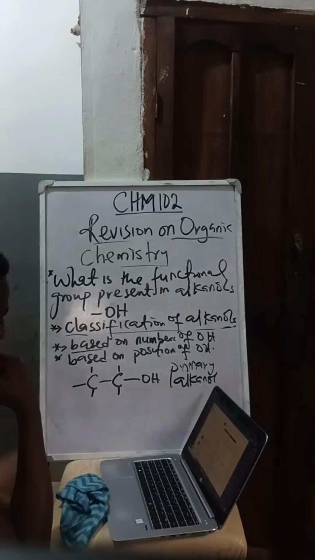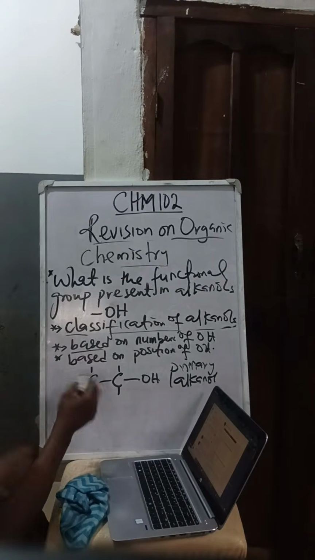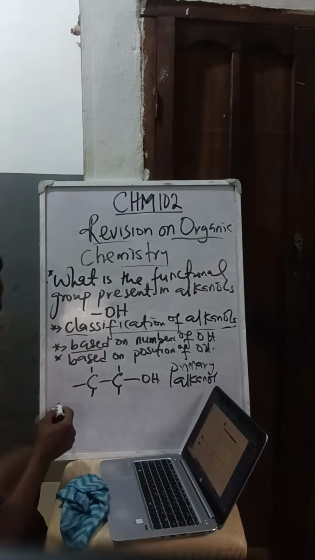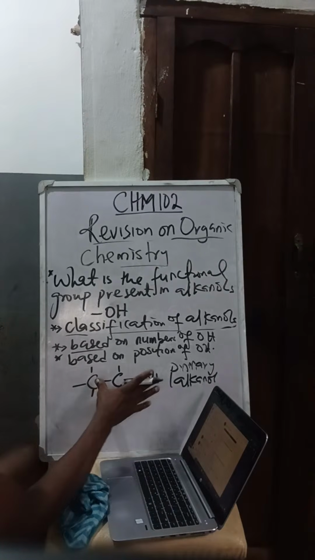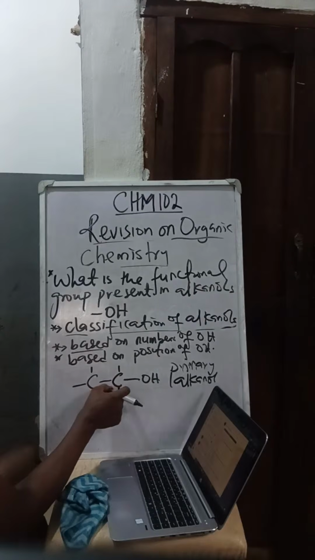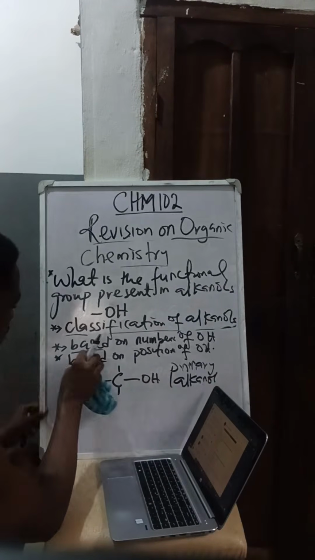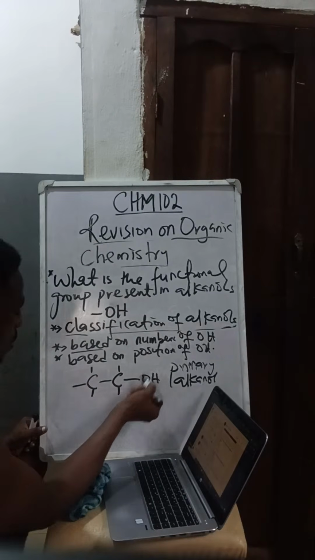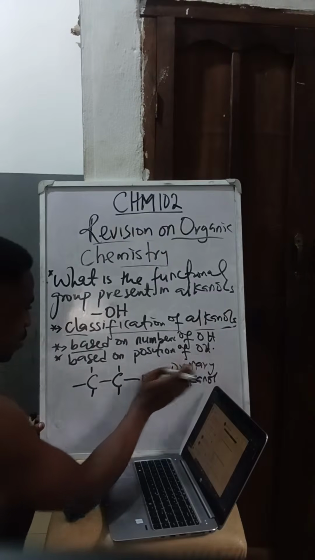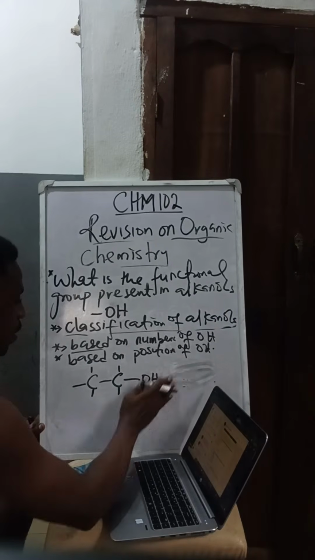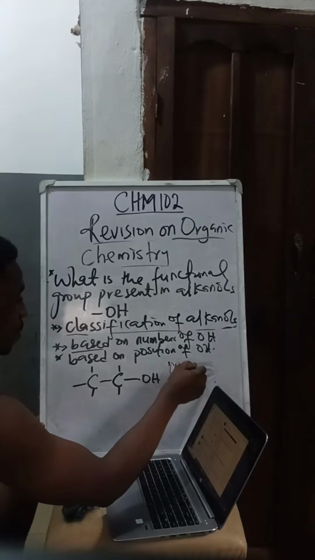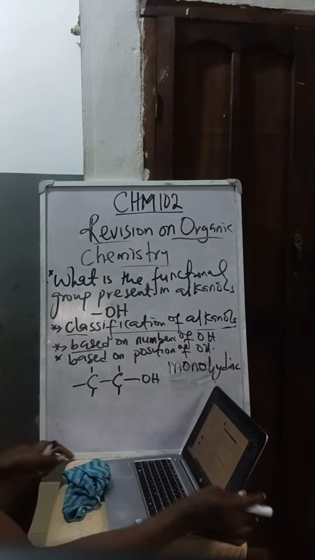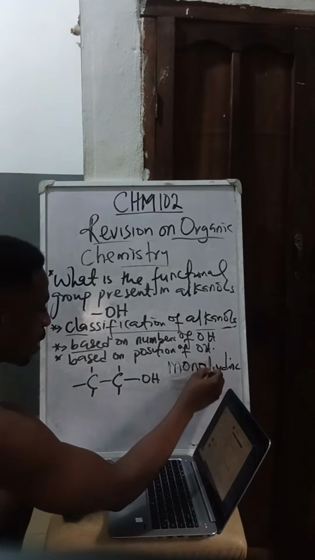Now, if you are classifying it based on number of OH, one OH is monohydric. Let's start from the monohydric. Yes, for one OH is monohydric alcohol.